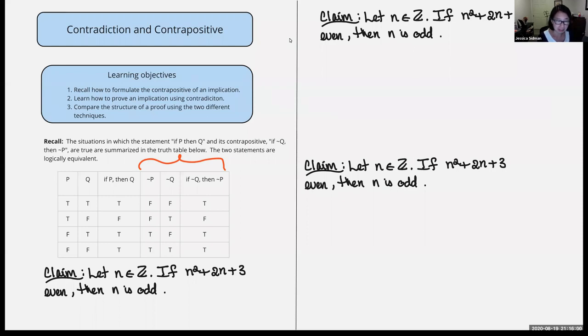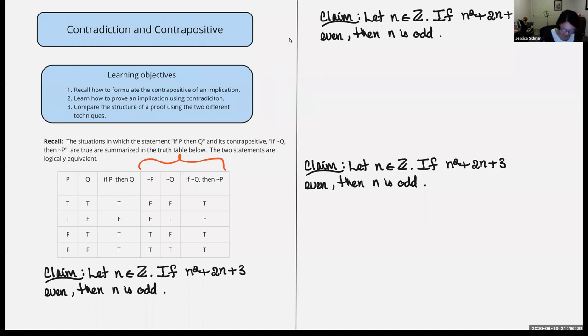And in the second row, you have not Q is true, but not P is false. And that's the only time an implication is false, when the premise is true and the conclusion is false. And that's why that row is false, okay? And so you go through the rest of the truth table, and if I just paid attention to the part in the red braces, I would get true, false, true, true.